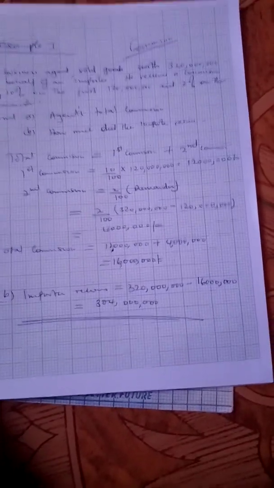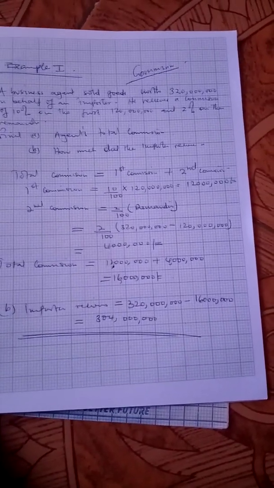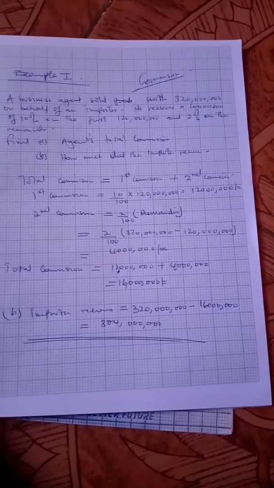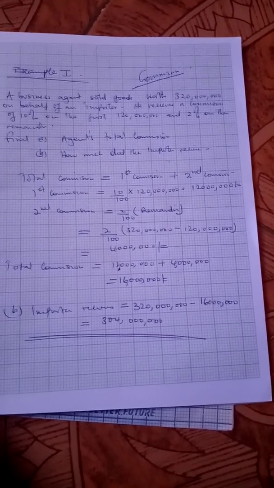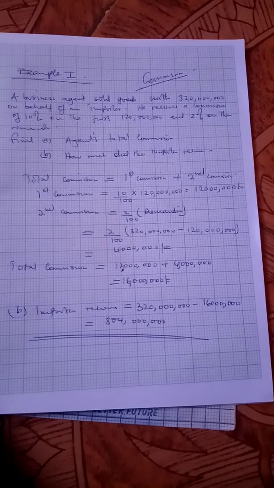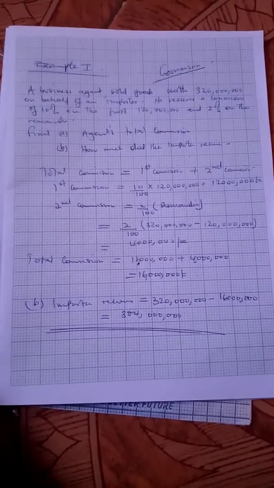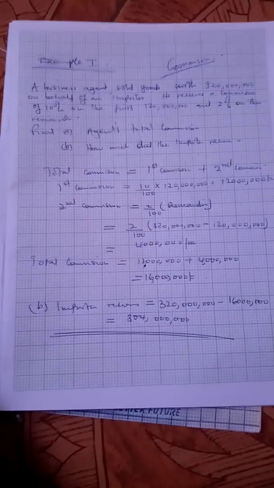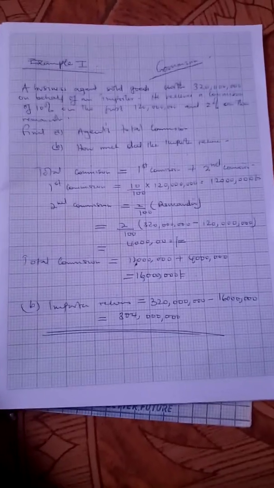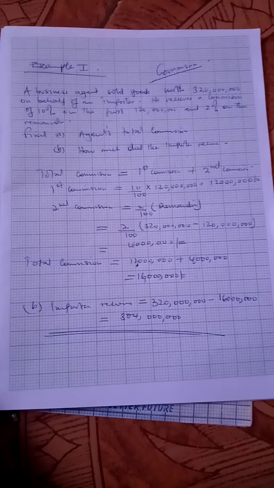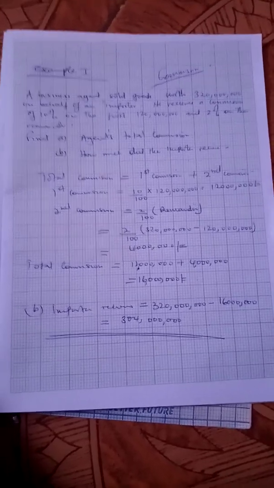I can tell Mukwano that, look here, I can sell soap for you. So Mukwano can give me soap that is worth 100 million. Now I can go and sell that soap. But as I sell the soap, remember I'm earning Mukwano money.